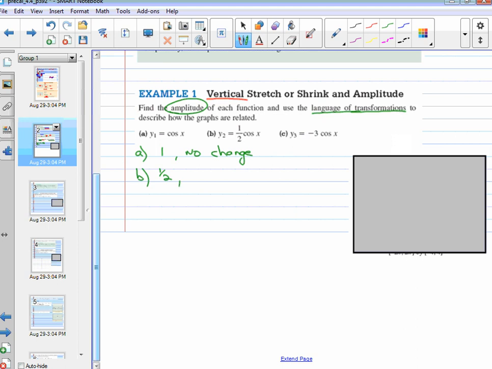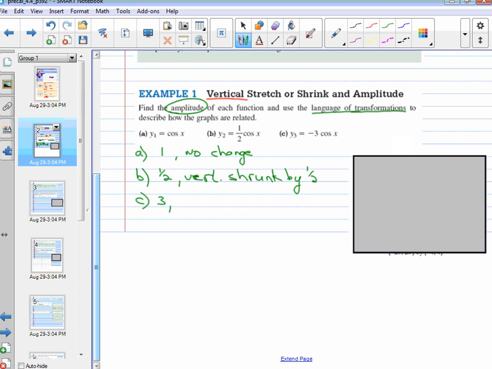This one has been vertically shrunk by a factor of 1/2. Half as tall, vertically shrunk. C, tell me the amplitude of C. Careful. 3 is the amplitude, the absolute value of it.